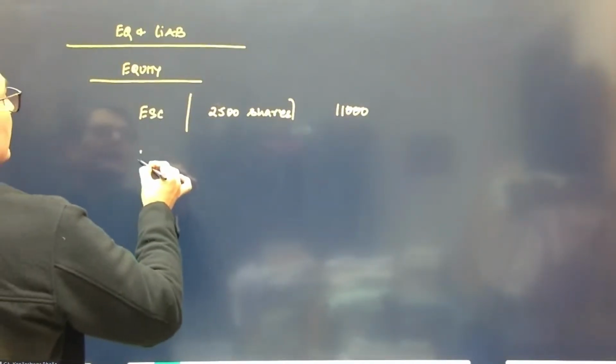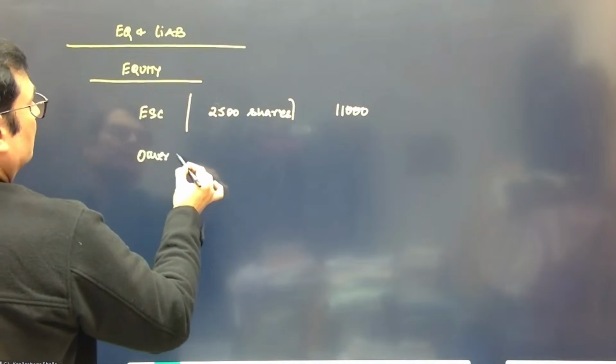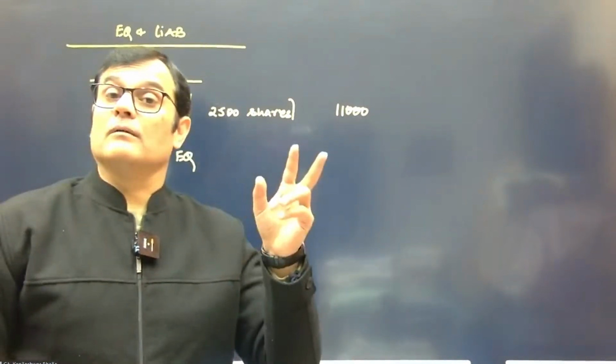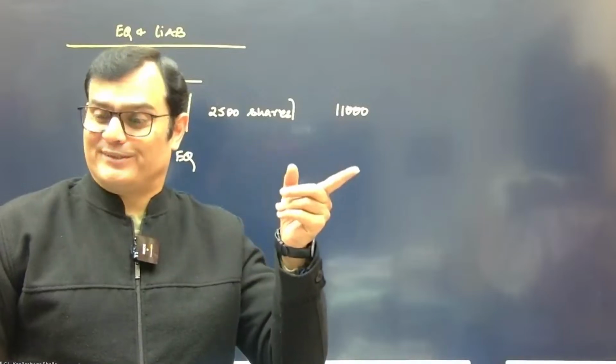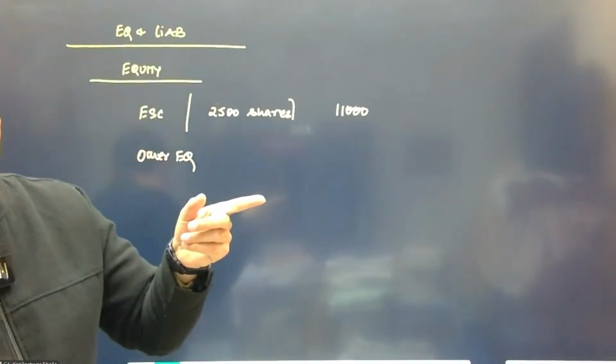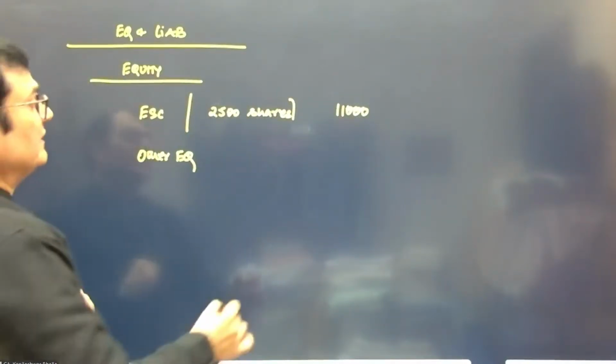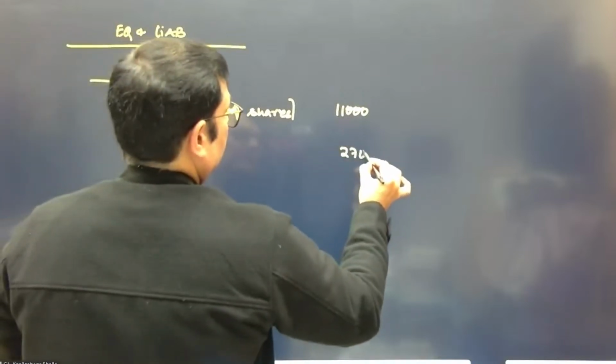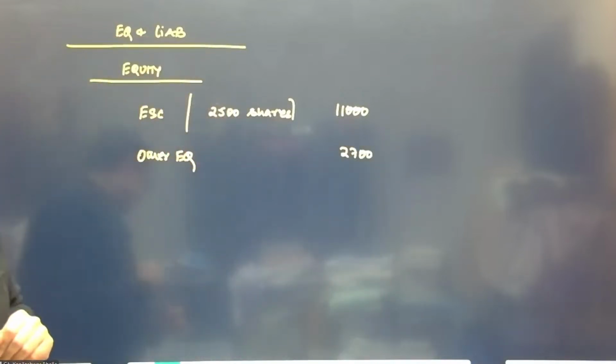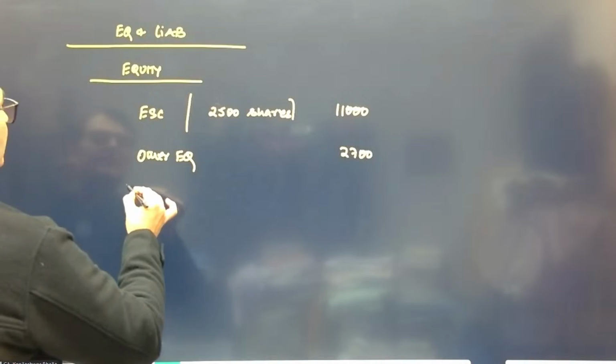And then we are given the other equity, and other equity of which company? Outer column, accounting acquirer. And that's BX, to the extent of 2,700. And then we can consider the non-current liabilities as well.